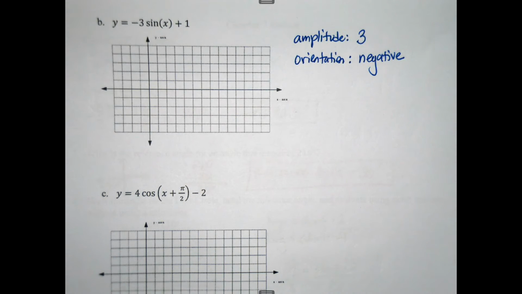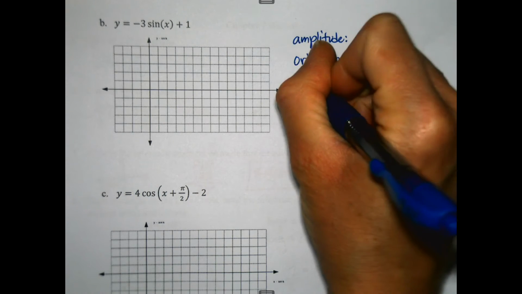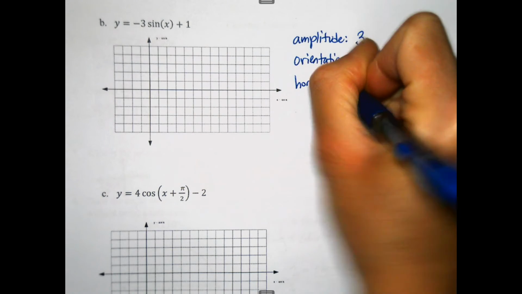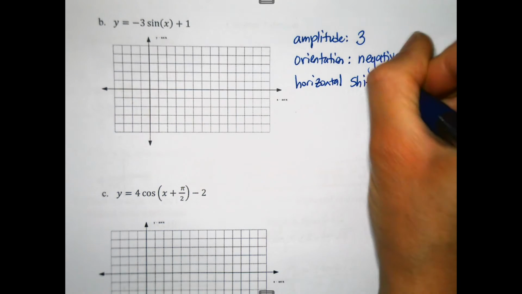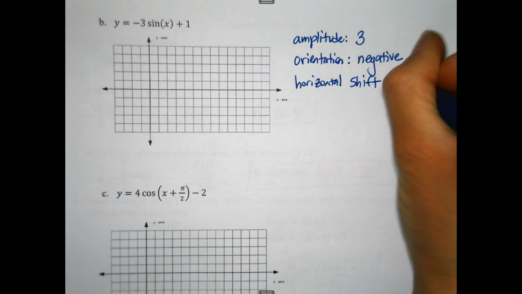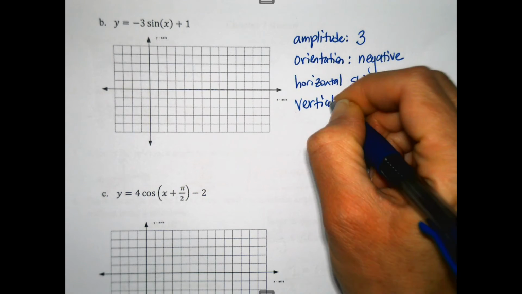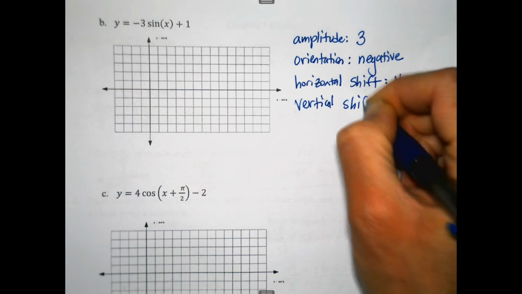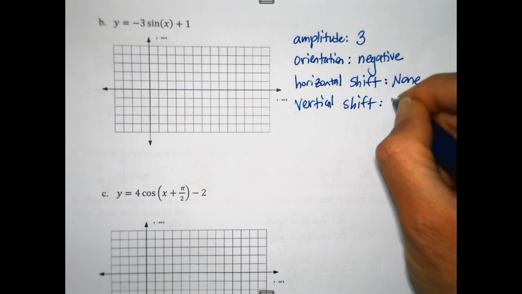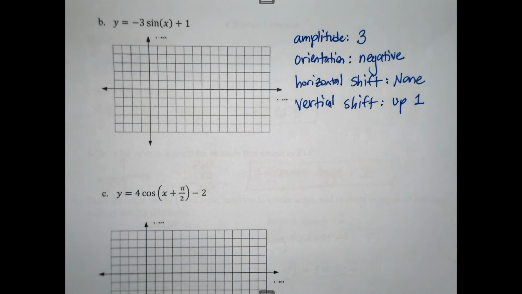Therefore, we're going to be going down first instead of up. There is no horizontal shift in this graph, but we do have a vertical shift. Our vertical shift is up by 1 unit.